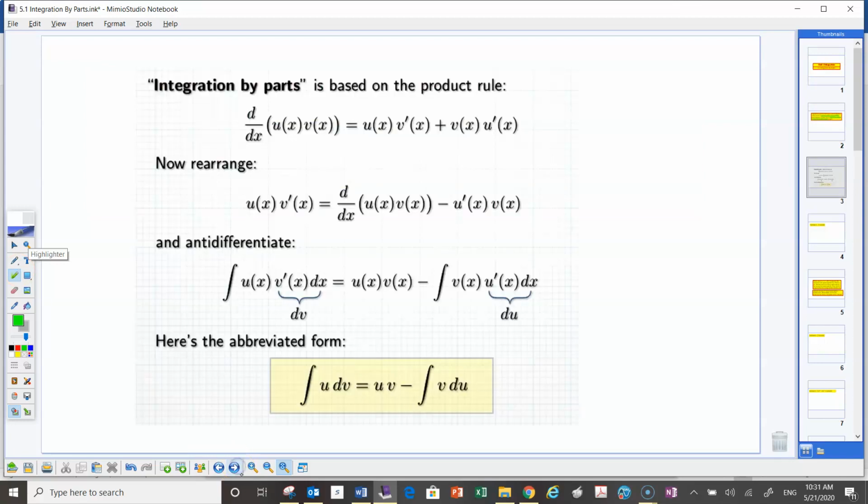Let's look at how they developed the rule for integration by parts. It really comes from the product rule. So say we have the derivative of u(x) times v(x). Well, the product rule would result in that. Now, if we arrange this by isolating u v prime, we end up getting u v prime is equal to d/dx of u(x) v(x) minus u prime times v(x).